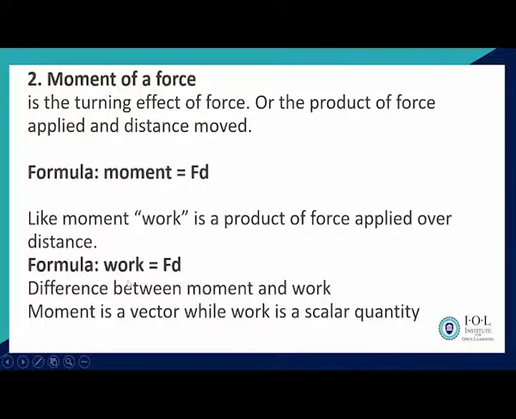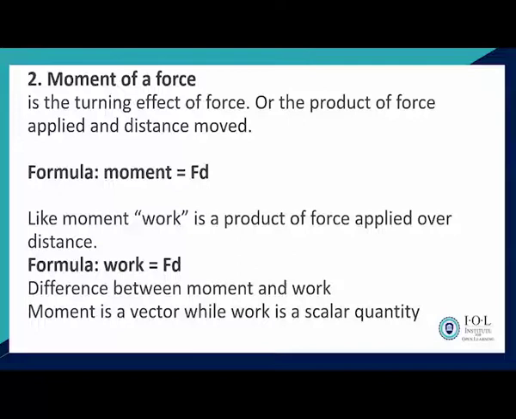Now, what is the difference? Those are the similarities between moment and work done. Now, what are the differences? There is only one difference: moment is a vector quantity, while work done is a scalar quantity.